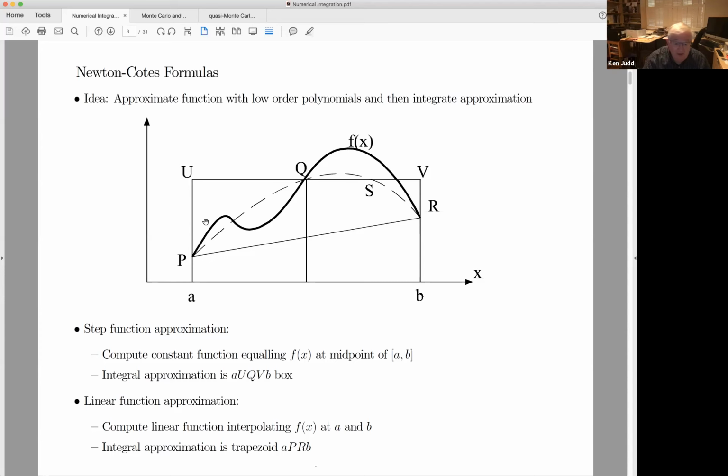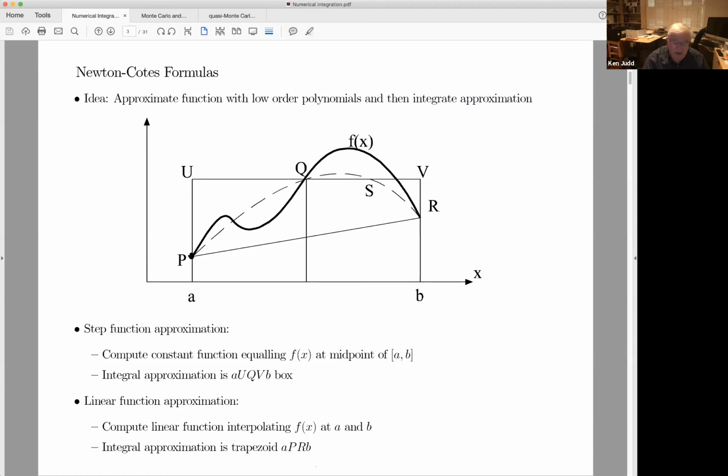The idea of a Newton-Cotes formula is that you have some function f of x, and then you want to integrate it between a and b over this interval. And so the approach is to approximate the function f of x somehow. And this is where the approximation ideas of Tuesday come in. And then you integrate that approximation.